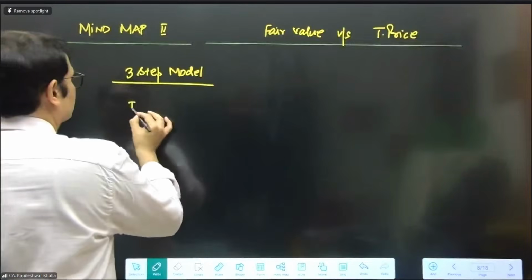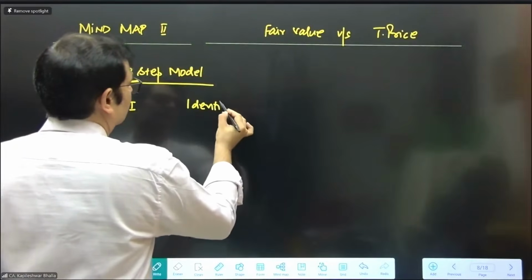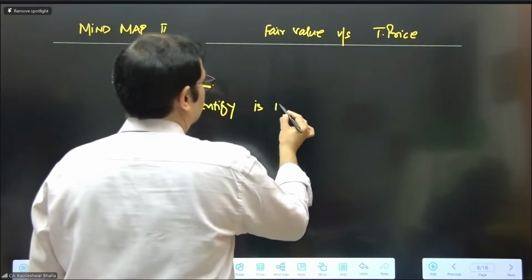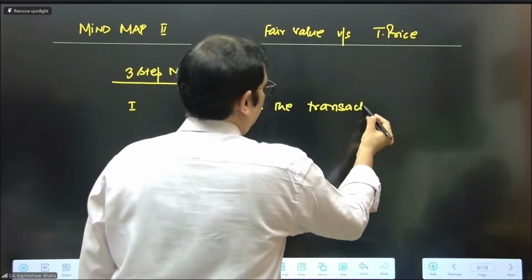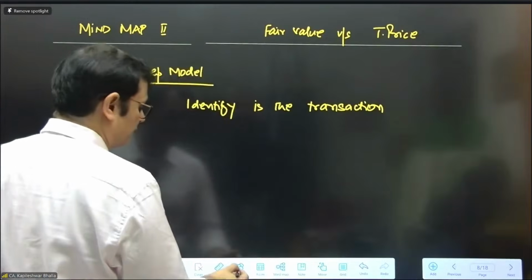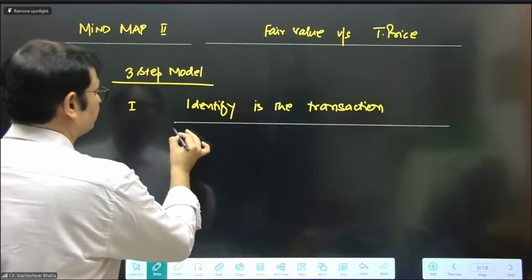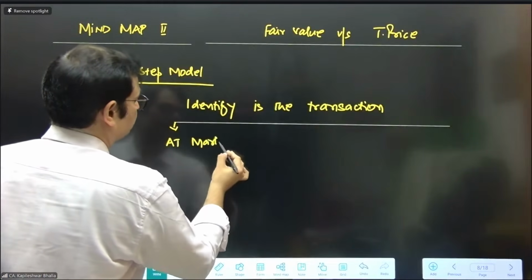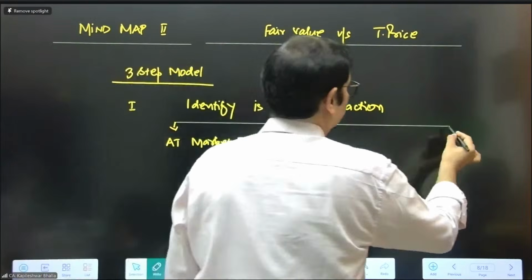So in terms of the step number 1, you need to identify is the transaction at market terms or off market terms?